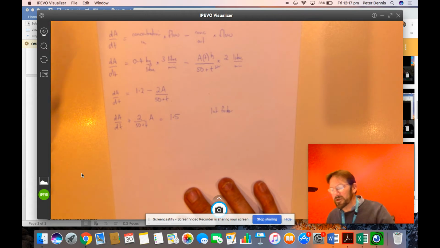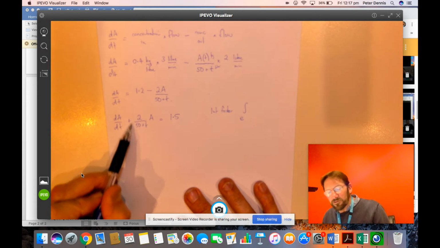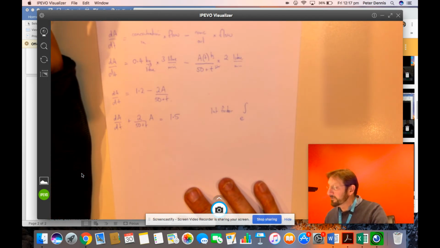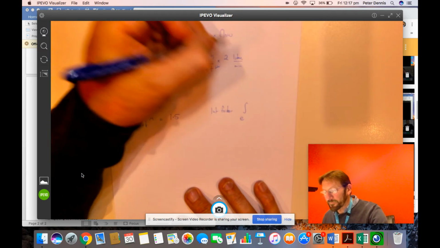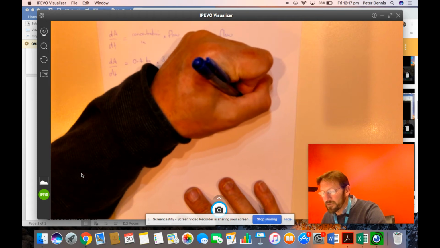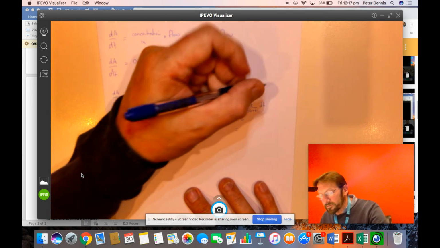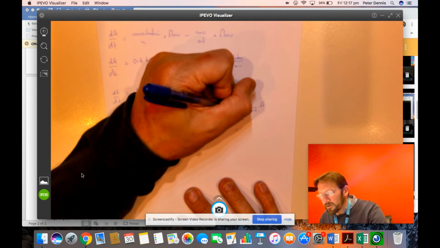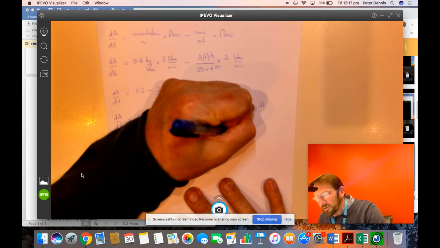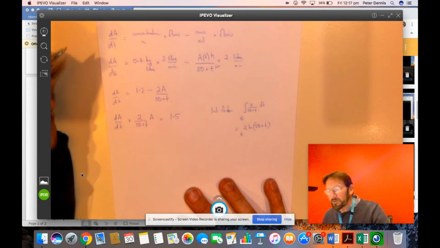So it's another one of those methods that we have to use. Remember, the integrating factor is going to be e to the integral of this thing here. So e to the integral of 2 over 50 plus t dt. What does this equal?